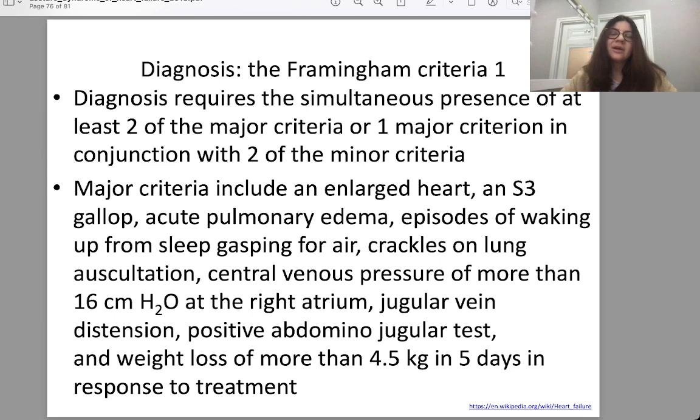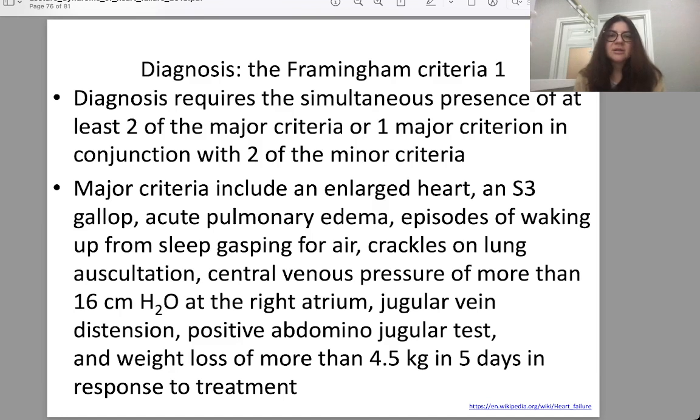And we have the criteria named Framingham criteria for diagnostics of heart failure. Diagnosis requires a simultaneous presence of at least two of the major criteria, or one major criterion in conjunction with two of the minor criteria.